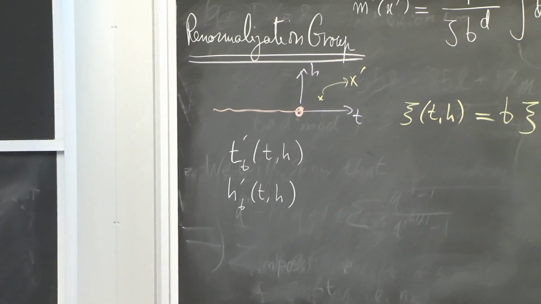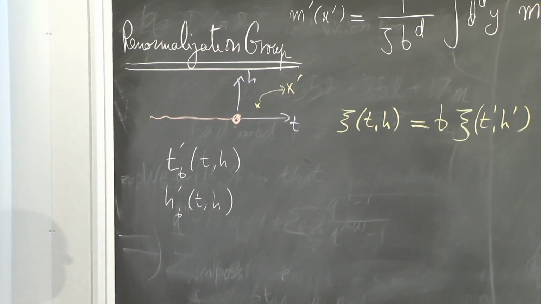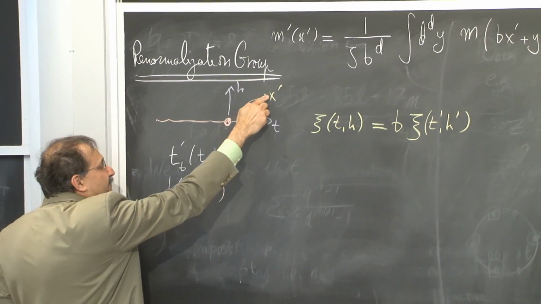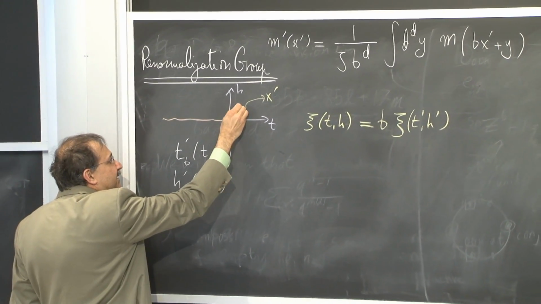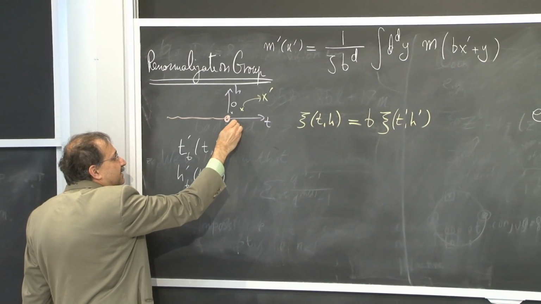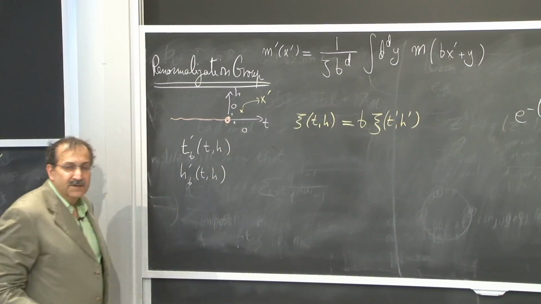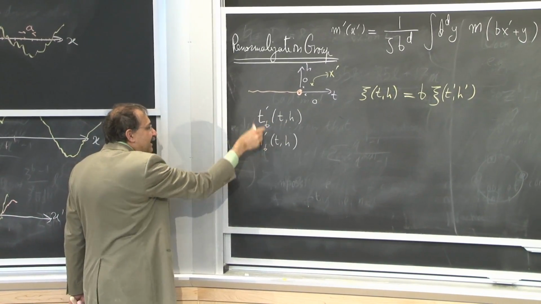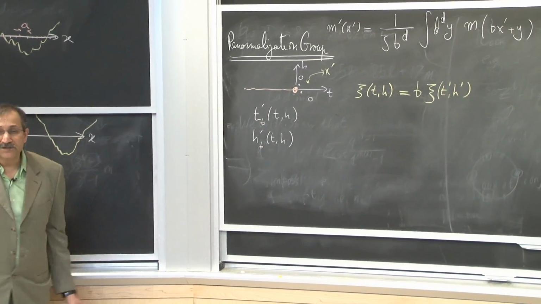Okay? So there is a mapping in the space. So a point that was here will go over there, maybe a point that is here will map over there, a point that is here will map over here. So there is a mapping that tells you how t and h get transformed under this procedure.